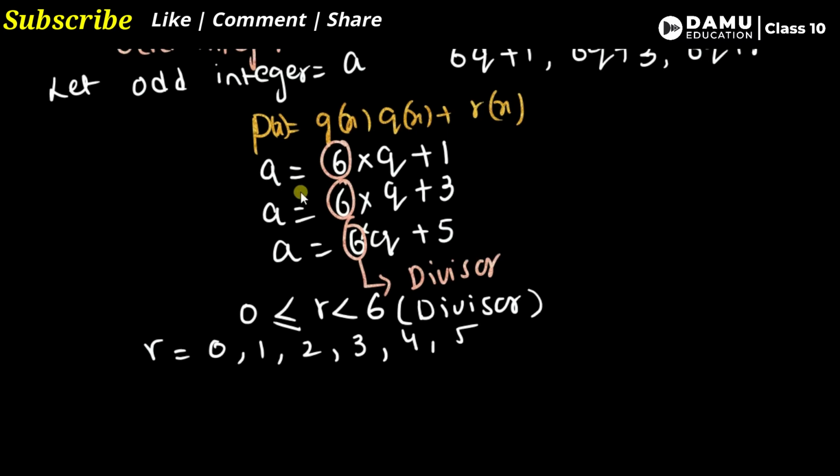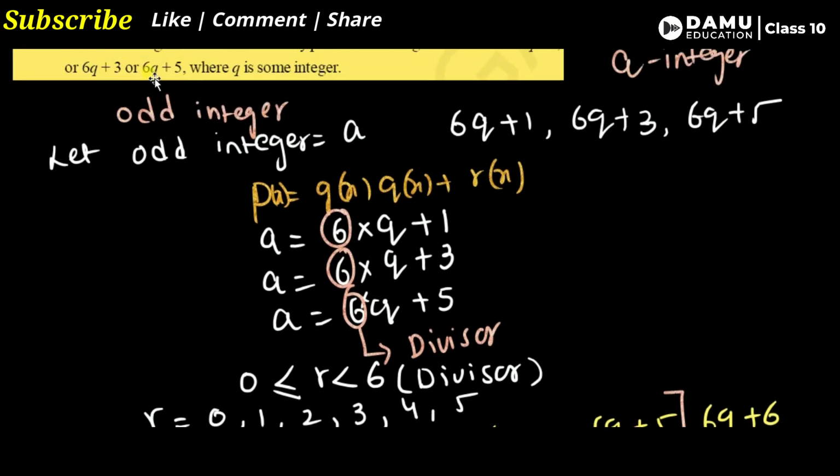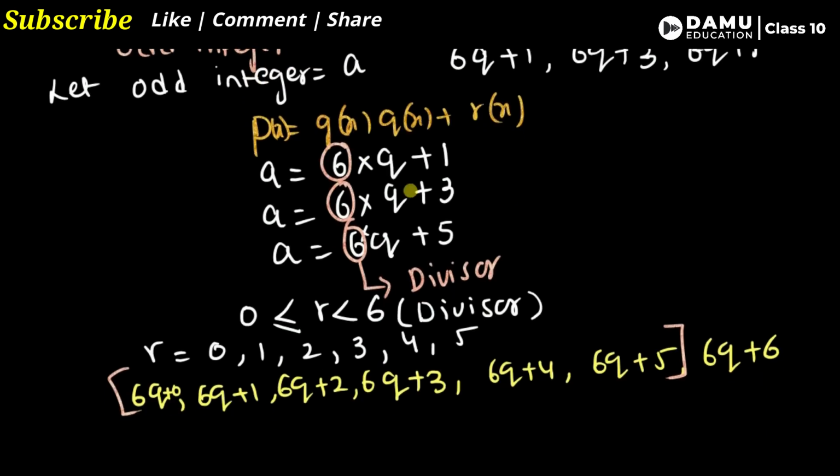The integers will be 6q plus 0, that is 6q, 6q plus 1, 6q plus 2, 6q plus 3, 6q plus 4, 6q plus 5, up to there only. 6q plus 6 you can continue, but in the question they are given only up to 6q plus 5.